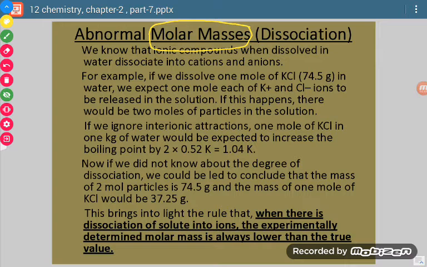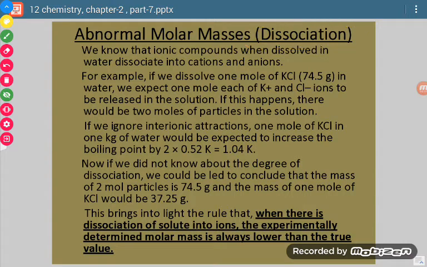If the calculated value is not near the expected value, that is termed abnormal molar mass. Why do we get abnormal molecular masses using colligative properties? There are two reasons: dissociation of solute particles or association of solute particles.